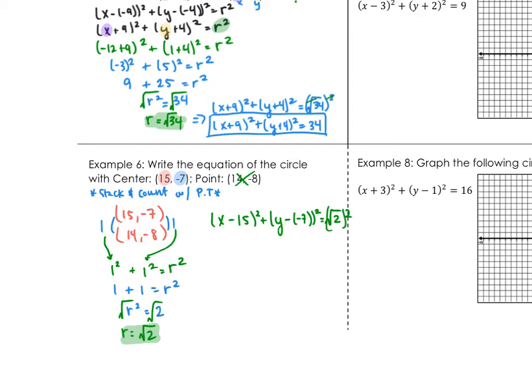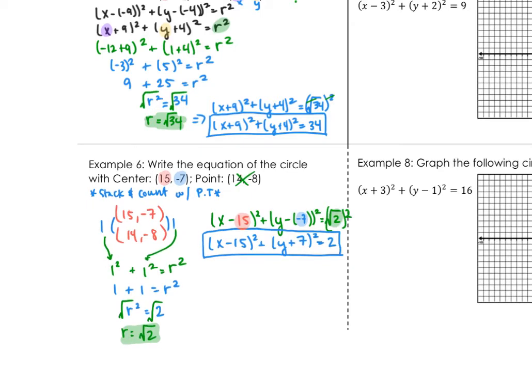Simplifying this is just x minus 15 squared plus y minus -7, which becomes y plus 7 squared. And square root of 2 squared just becomes a regular 2 since the square root and the exponent cancel out. So all I did here is I plugged in h for h, k for k, and r for r.